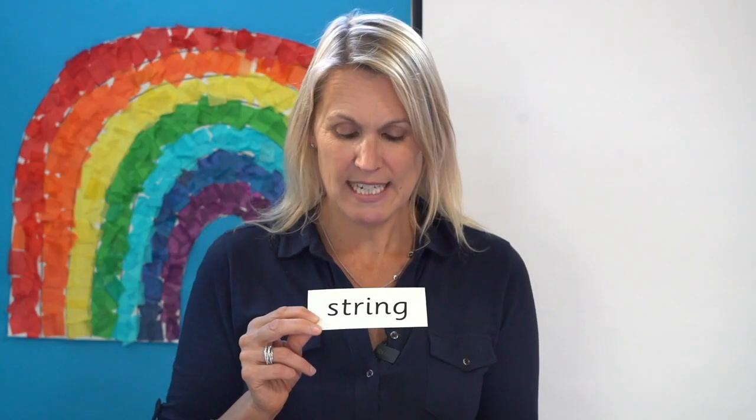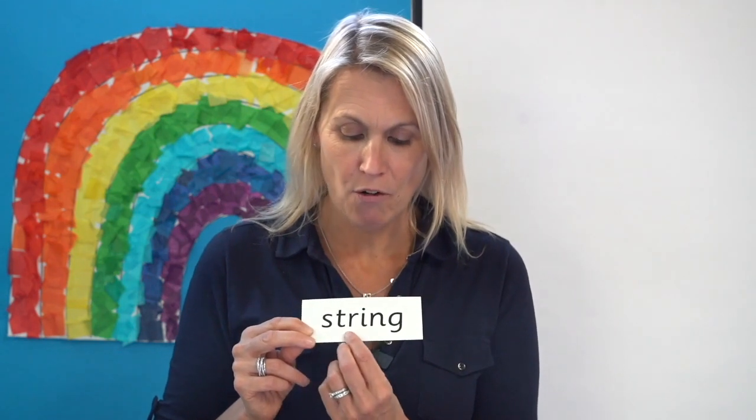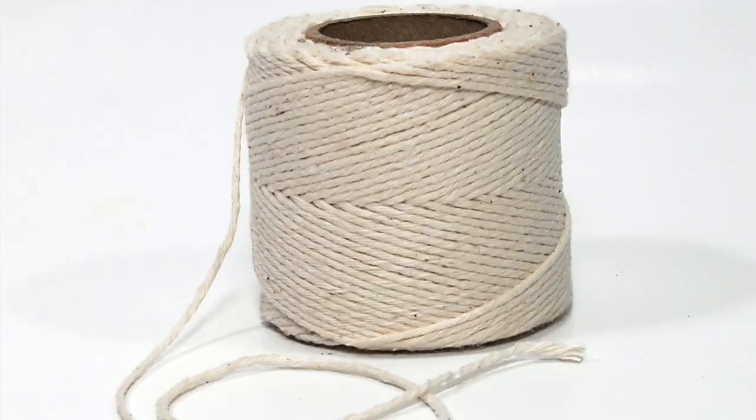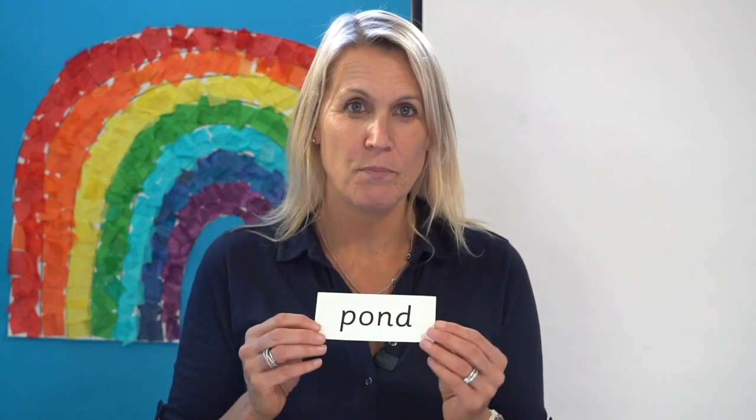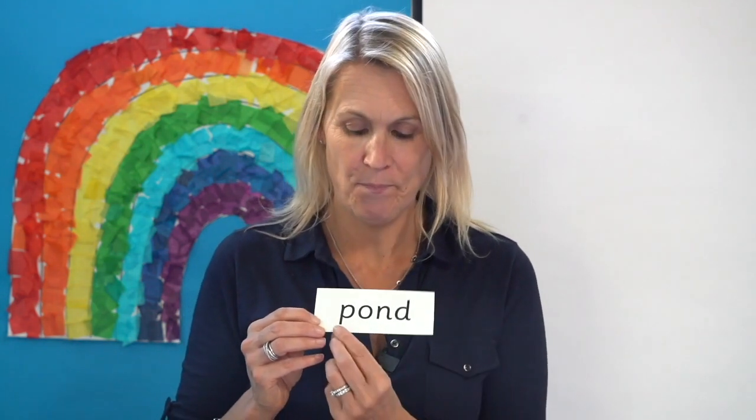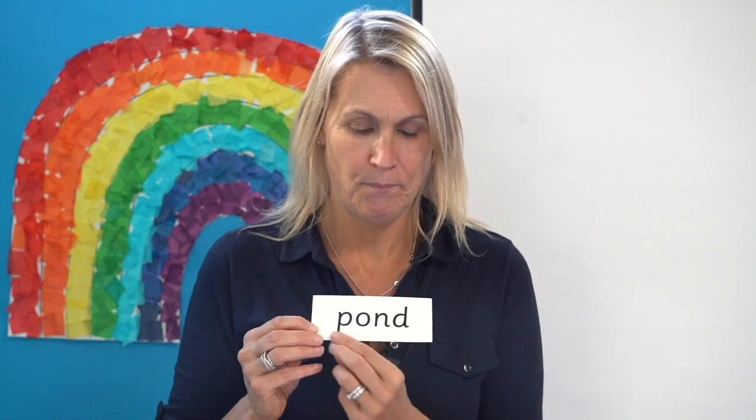Let's check. Let's read it together. String. Here is the picture of the string. Did you get it right? Excellent. Try this one. Are you ready? Look at the pictures.